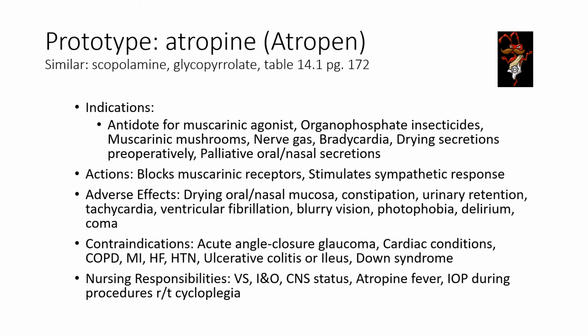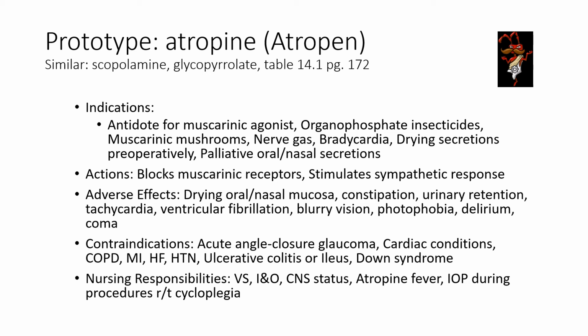So might want to just cross that one off or highlight it. I don't think that's a big issue. Myocardial infarction, well, you get tachycardia from atropine, so you wouldn't want to use it in heart conditions such as an MI or heart failure, or at least we'd be careful with it.